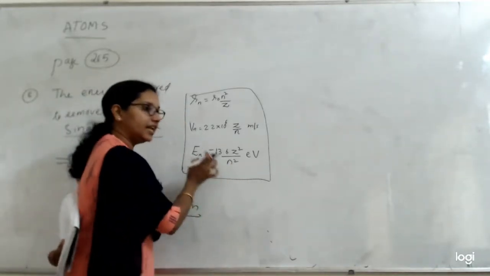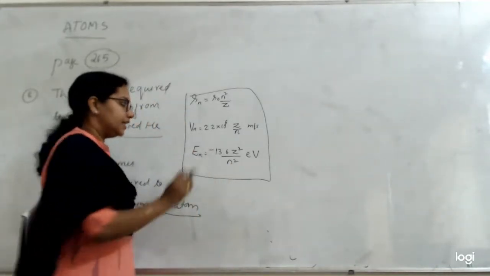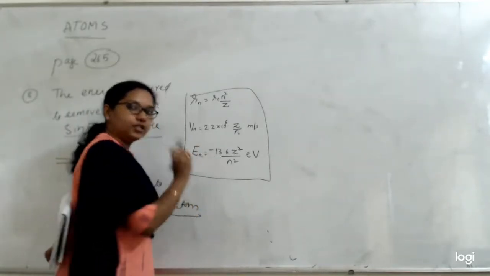Here I have written an equation for energy. This is the energy of an electron in this orbit.